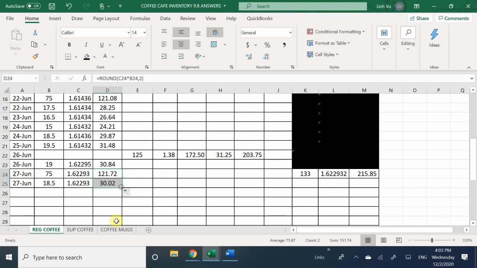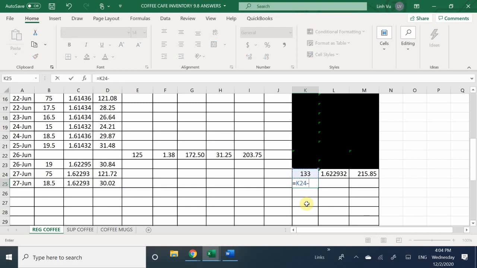For a total of $30.02 for the coffee. Okay. And then we have to take the 18 and a half pounds from the 133 pounds, leaving us with 114.5 pounds.